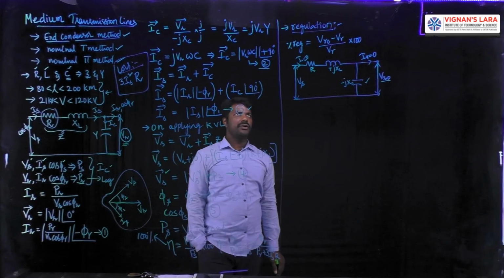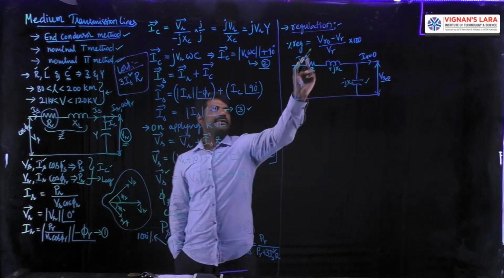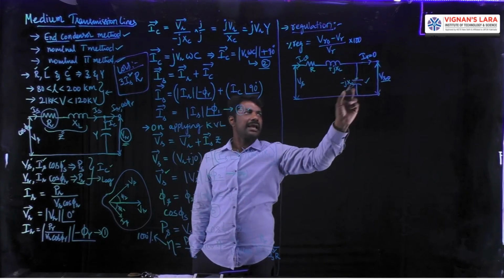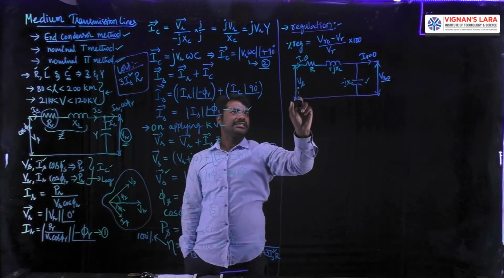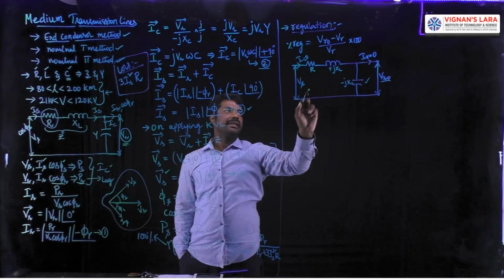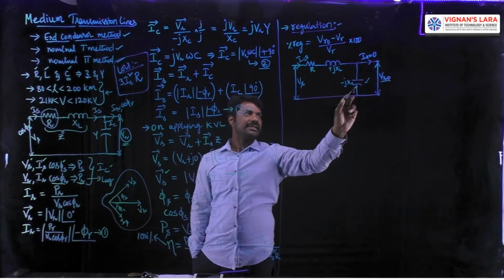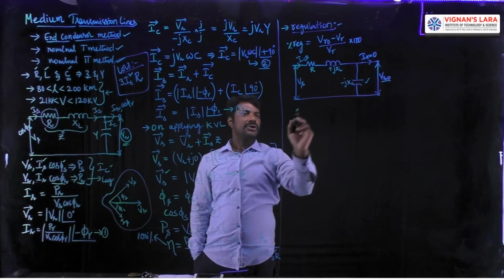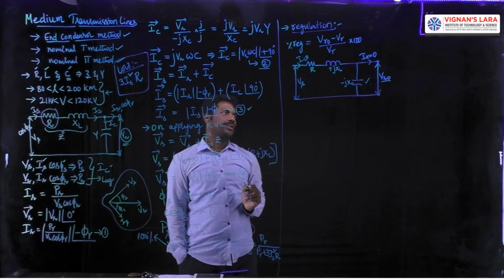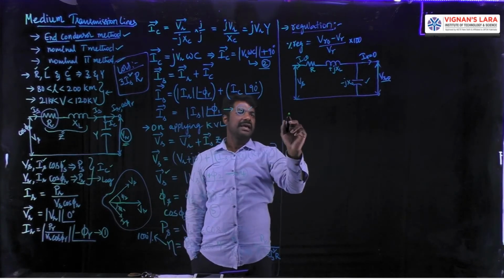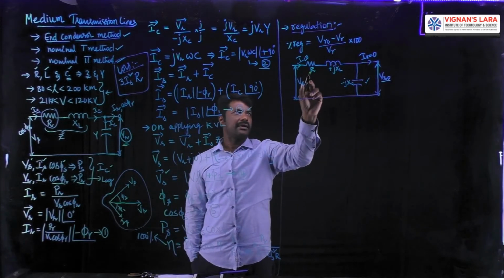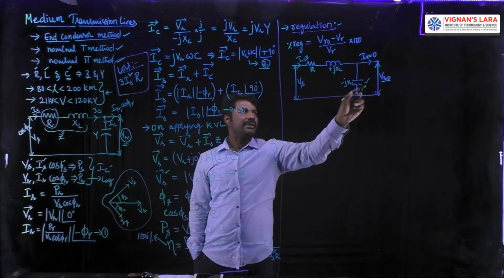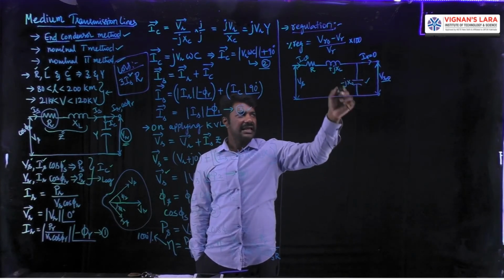So to find the regulation, one should calculate VR naught. Then what is VR naught? VR naught is the voltage across the capacitor with an injecting voltage of Vs. Analyzing the circuit, as simple as that, the voltage across this capacitor is called VR naught. Applying the voltage division rule, the total voltage is Vs. This Vs has to be dropped across R plus JXL minus JXC. I want the magnitude of the voltage across this capacitor.